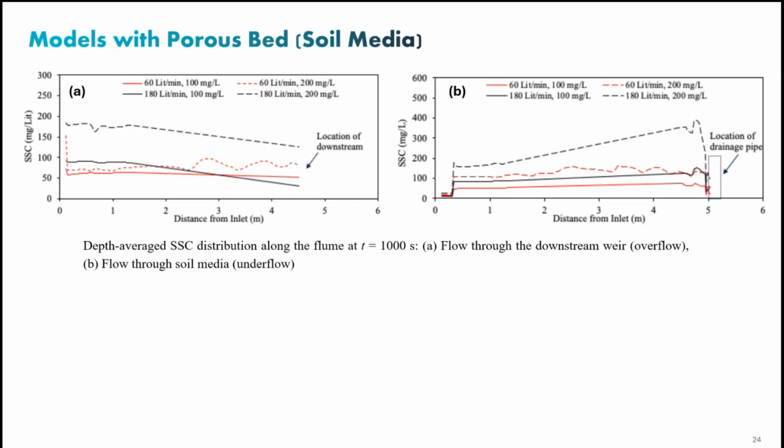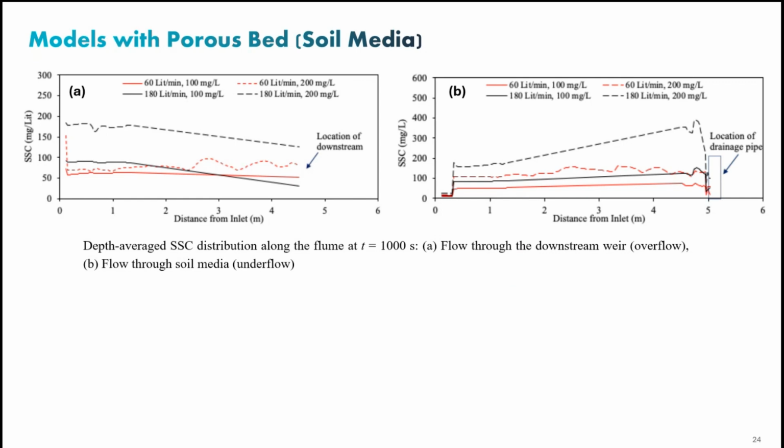So this is the result, basically. On the left side, you see 4 different scenarios for 60 versus 100 liters per minute, as well as 100 milligrams per liter versus 200 milligrams per liter. On the left side, you see the overflow on top of the soil. On the right side, what you see is through the soil. So we measured through this CFD modeling how much sediment is running through the system, at what percentage, at what concentration.